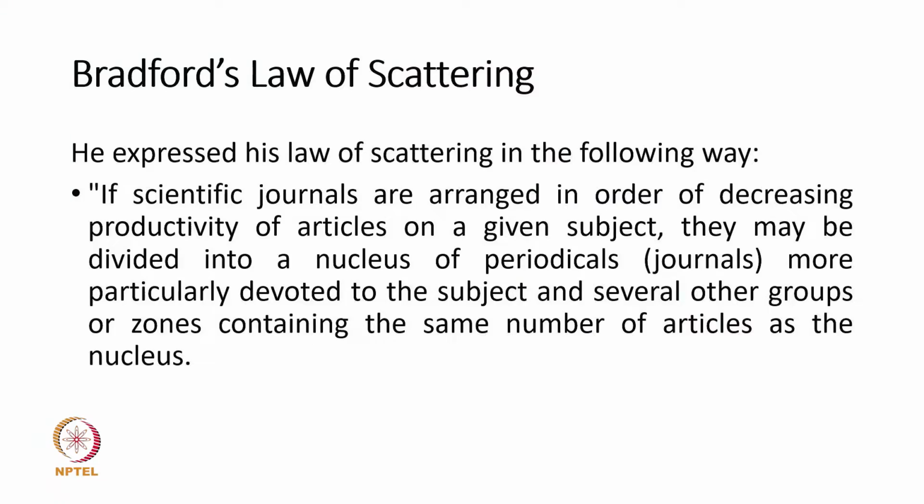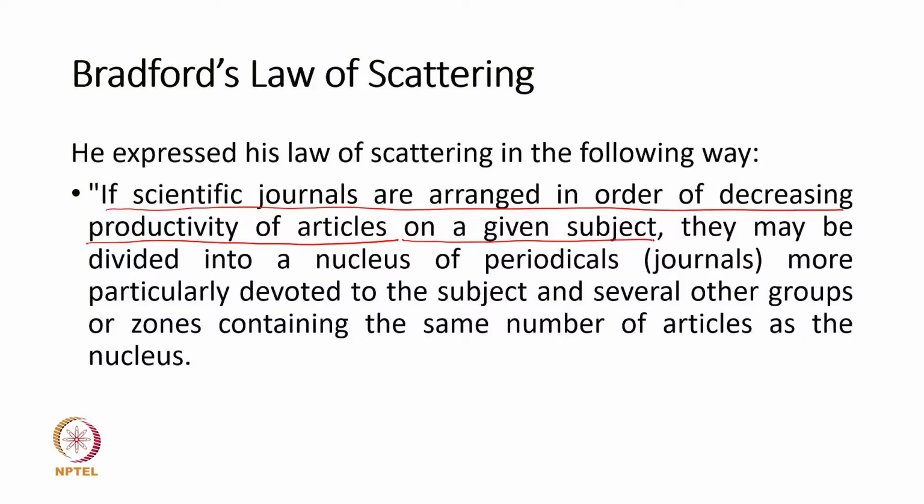He said, if scientific journals are arranged in order of decreasing productivity of articles, we have seen what the order of decreasing productivity of articles is. We are arranging the journals in descending order. That means the journals which are contributing the maximum articles would be at the first place, and so on.